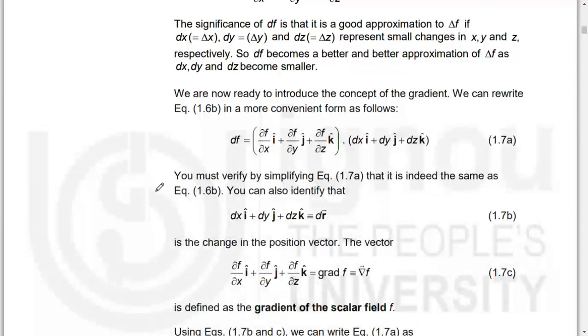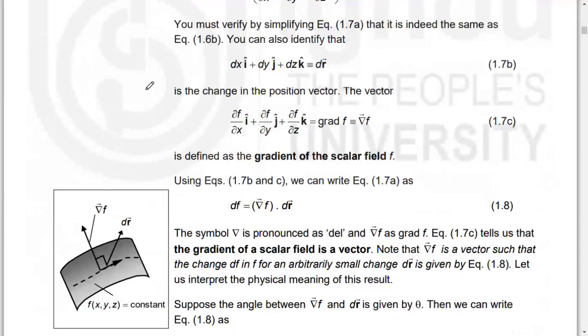You can also identify that dx i cap plus dy j cap plus dz k cap is equal to dr vector, the change in the position vector. The vector diff f by dx i cap plus diff f by diff y j cap plus diff f by diff z k cap is equal to grad f, which is defined as the gradient of the scalar field f.